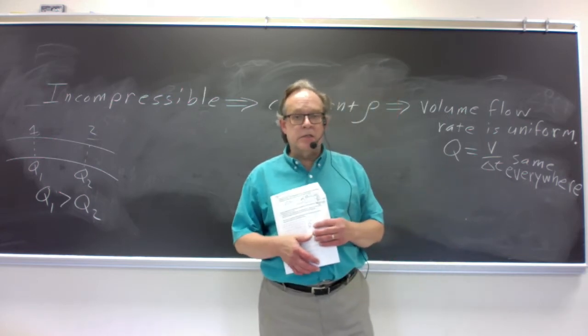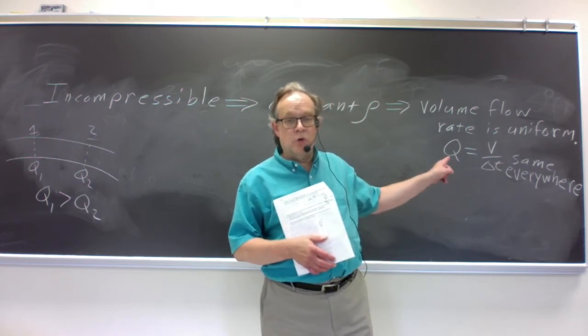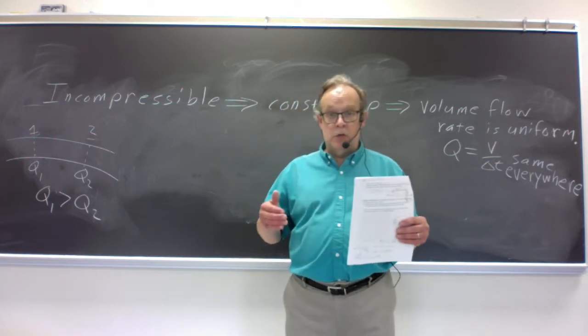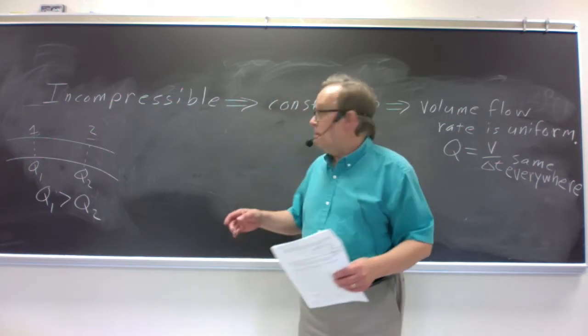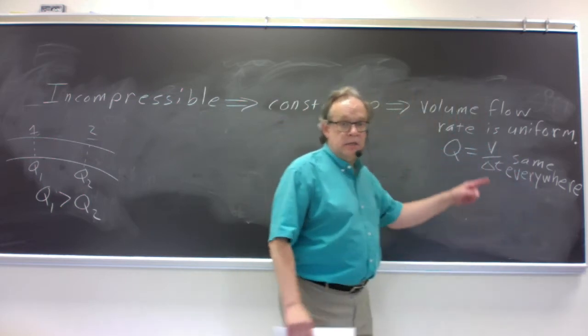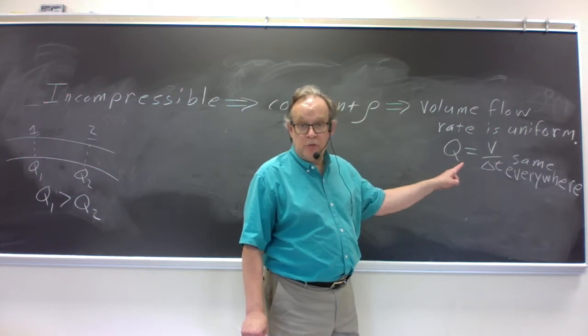And constant density means this is uniform. It's the same everywhere. And we can see why this fact means that this is going to be uniform everywhere in the path of the fluid.